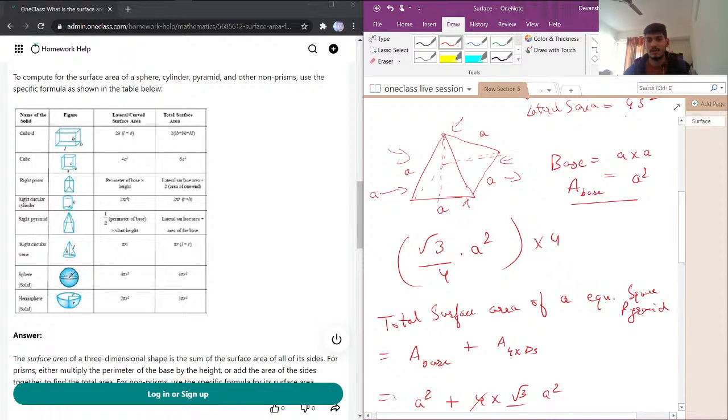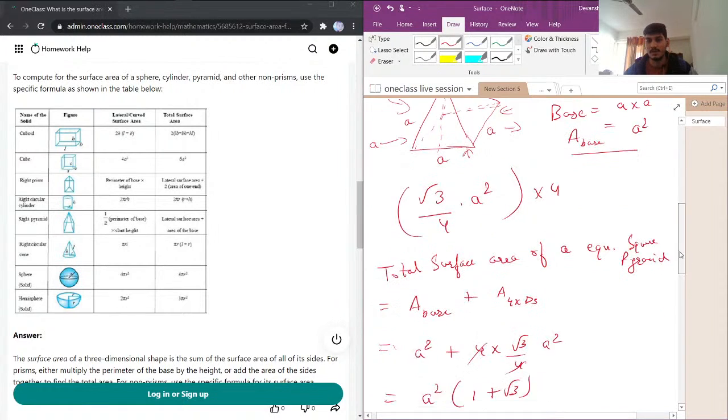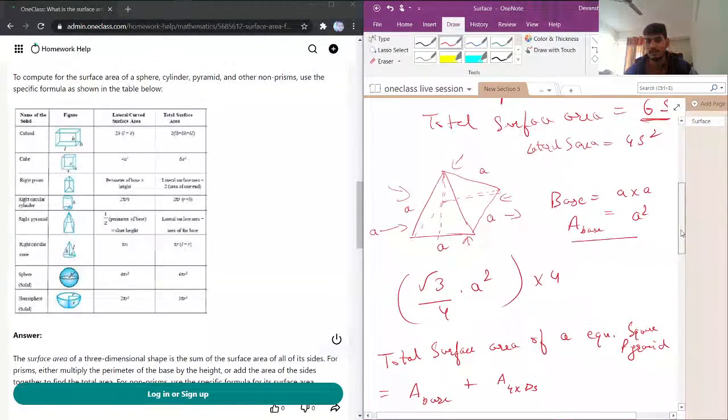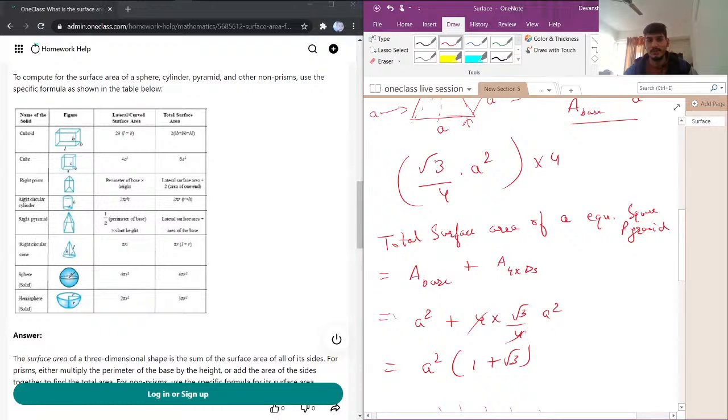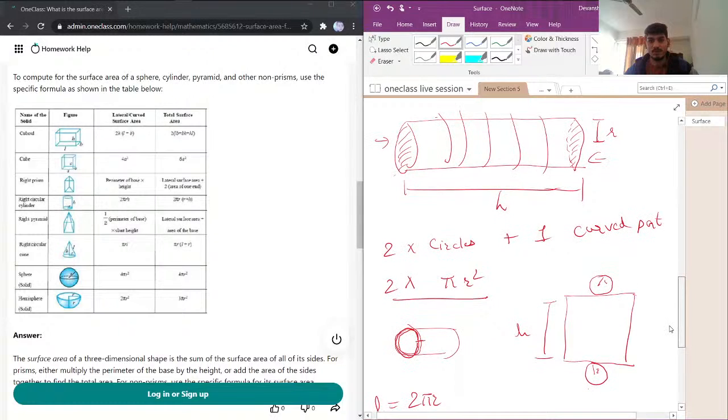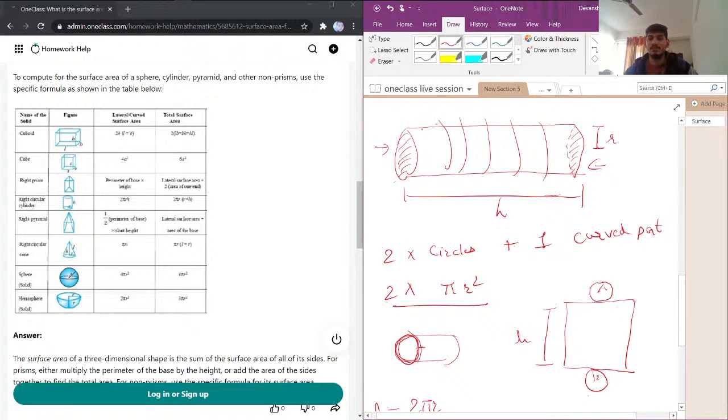So the lateral surface area for a pyramid will be just root 3 into a square. And same for cylindrical, for curved surfaces, we just take the surface area of the curved part.